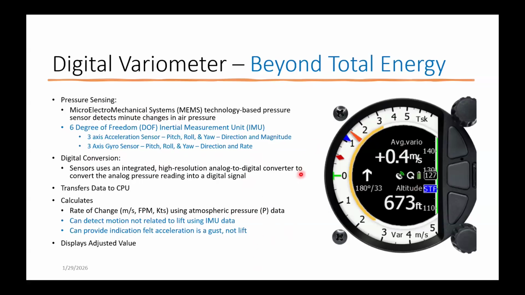But what I'm pointing out is there is something that could be added to our variometer that takes it beyond total energy and moves it into "was that bump for real?" And I think that's a really neat capability.